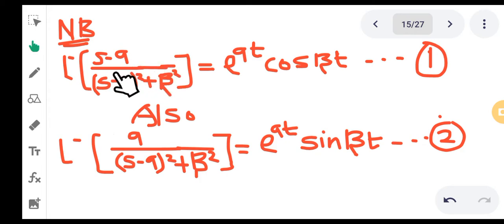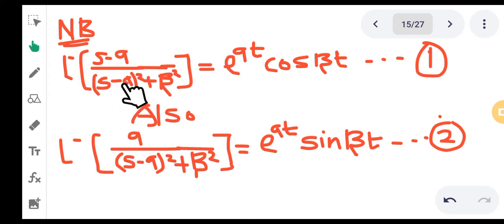You are going to get e exponent at cos beta t. Here, this is your beta, this is the beta t. Also whenever you have a Laplace inverse of beta over s minus a all square plus beta square, this is equal to e exponent at sine beta t.